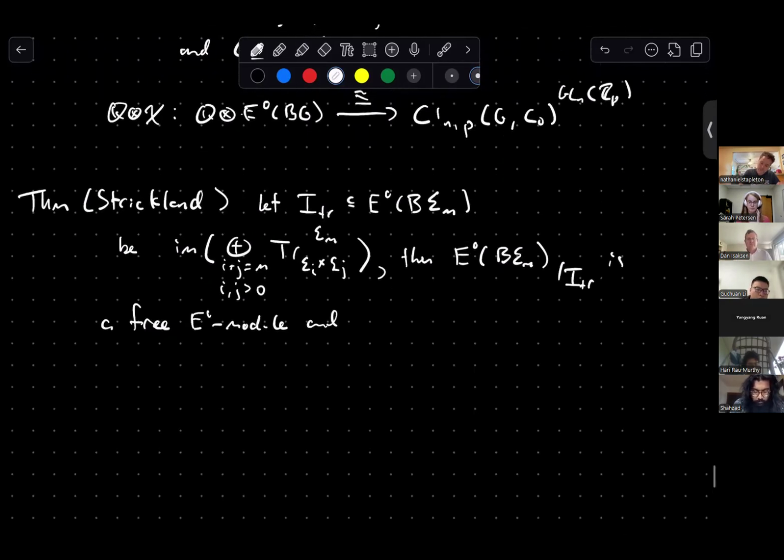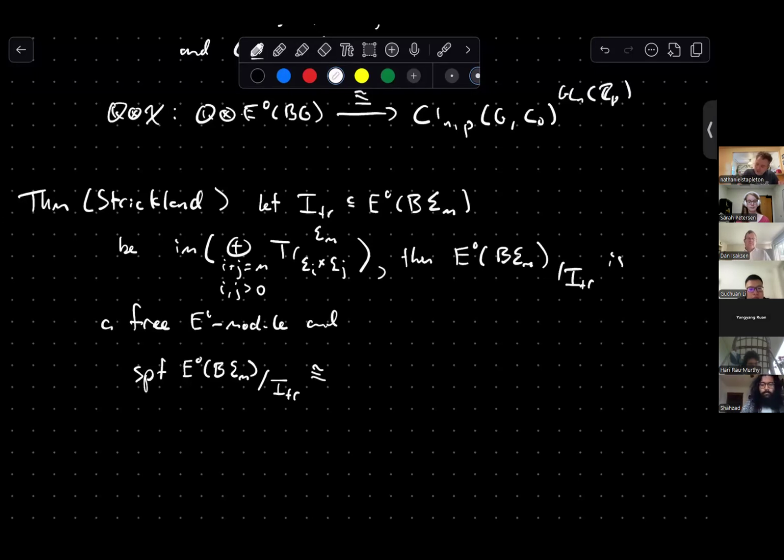And this is a ring, and it actually co-represents a very important functor on the formal group.